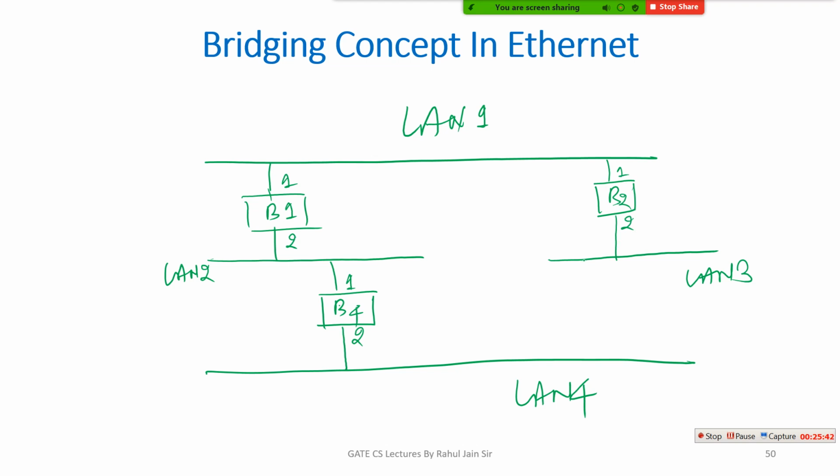Lane 3 is connected to lane 4 using bridge 5, with port number 1 and port number 2.